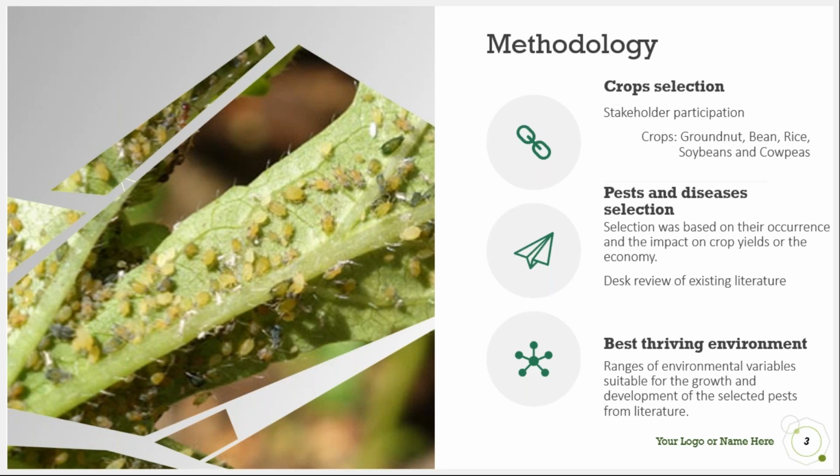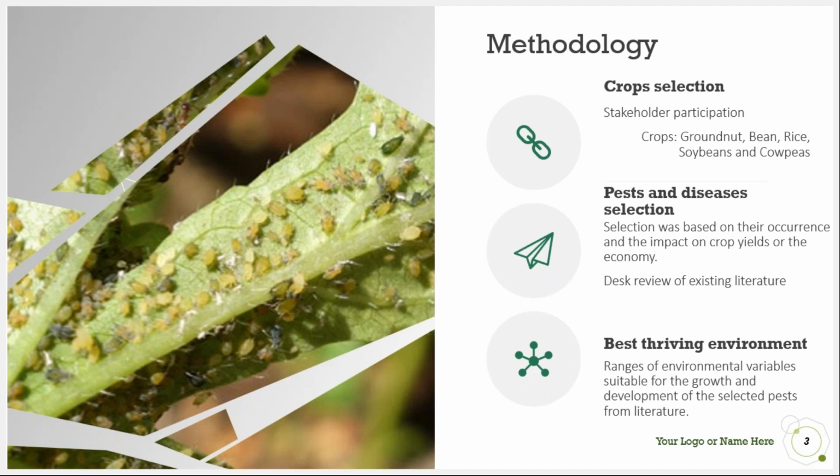which will also affect the economy. Then after obtaining the pests, we narrowed down to looking at the best thriving environment of these pests. Remember, the pests and diseases were selected based on the importance in affecting the productivity and the yields of the crops.